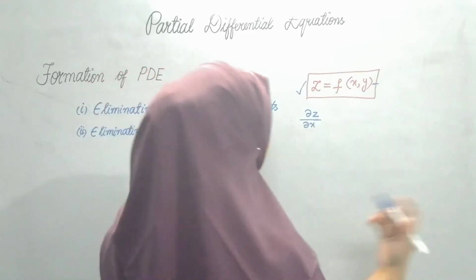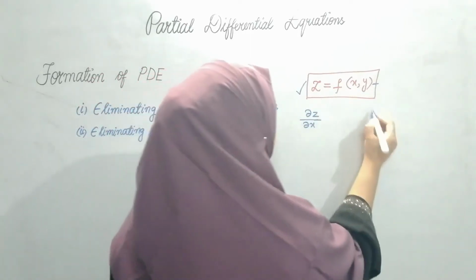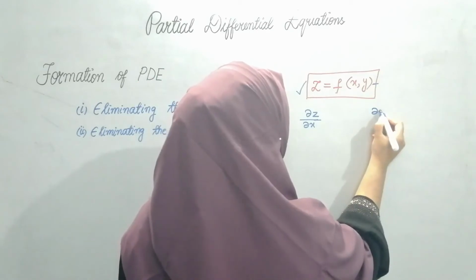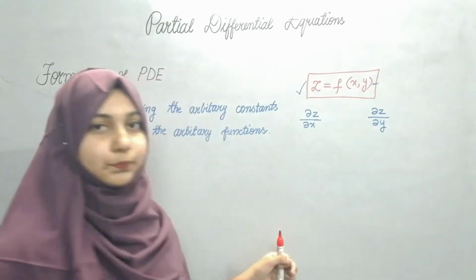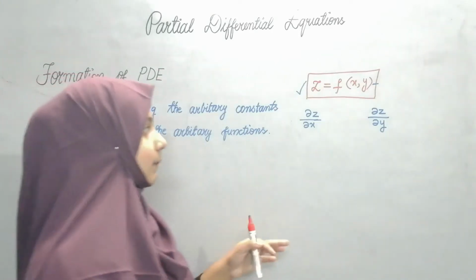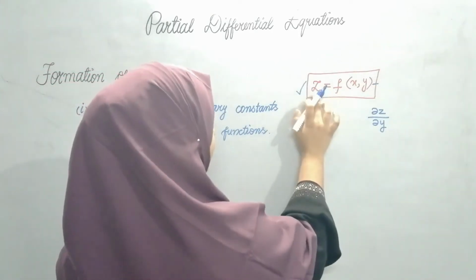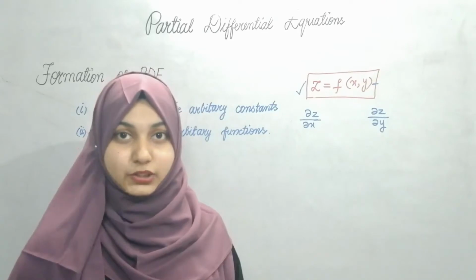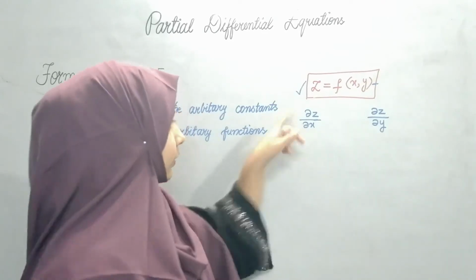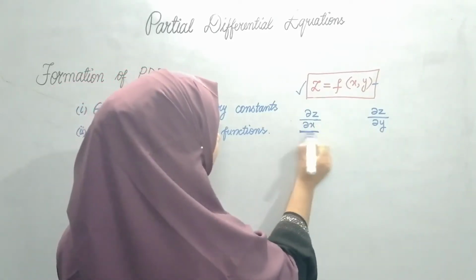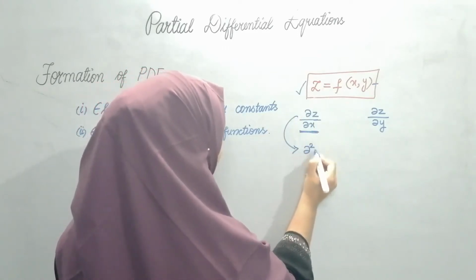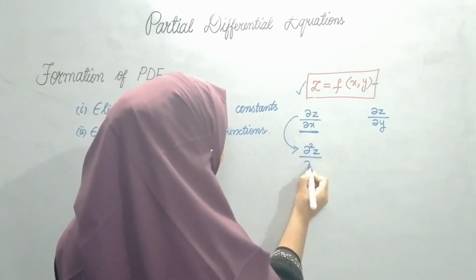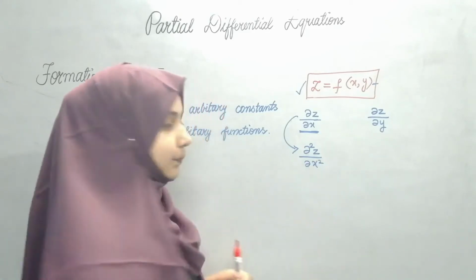If I differentiate this equation with respect to y, this will be dou z by dou y. Now if I differentiate z with respect to x two times, once is done, and differentiating further it will be dou square z by dou x square.